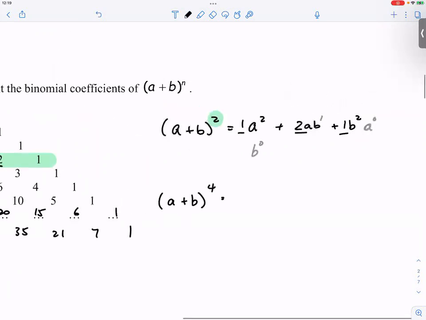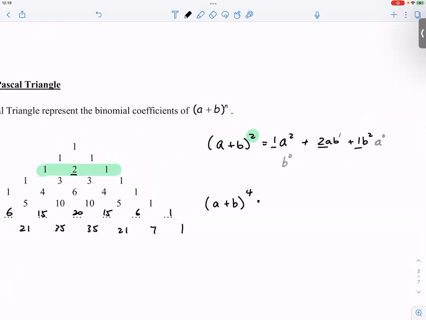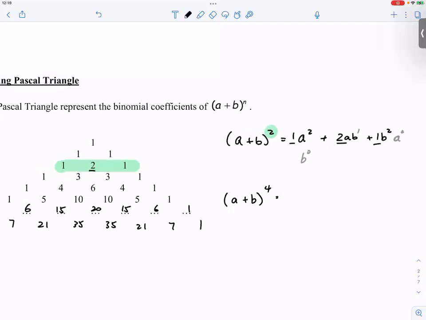Now we have a Pascal triangle right next to us. And we say, hey, which row do you think we are looking at here? Well, the one with the 4, right? So first, let's make our lives easier by writing down the coefficients first. What are the coefficients? 1, 4, 6, 4, 1.